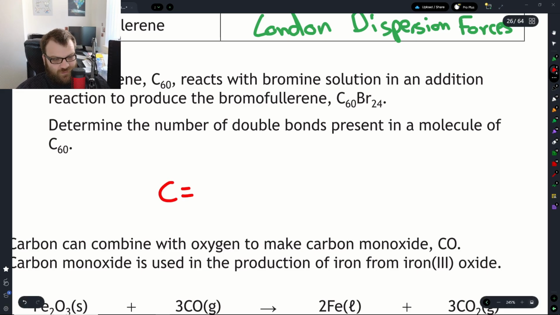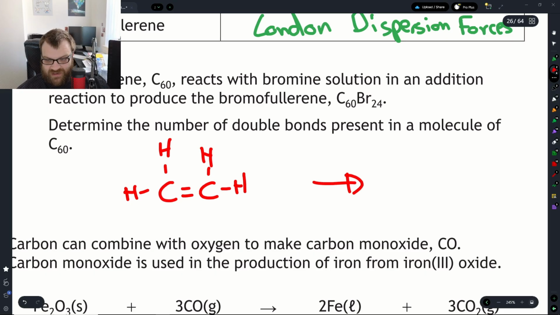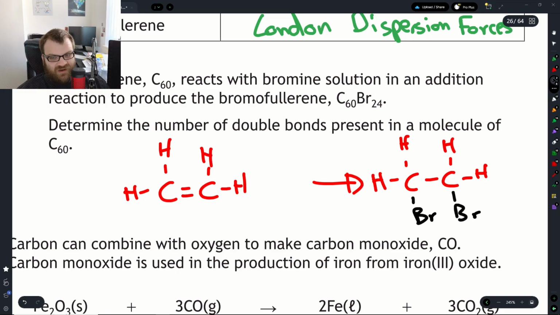If you have one carbon to carbon double bond and I react that with bromine, I will break the double bond and add on bromines. Every one carbon to carbon double bond would be broken and two bromines would be added.